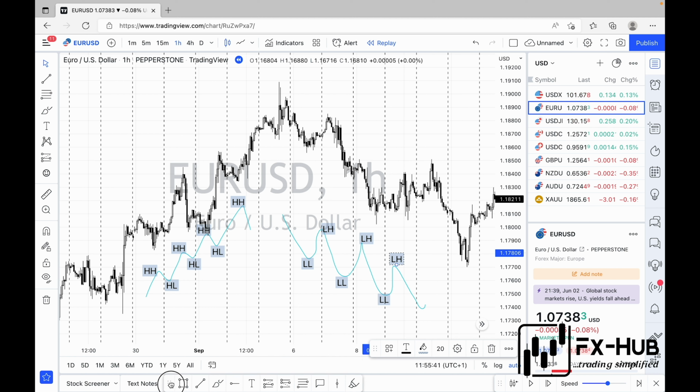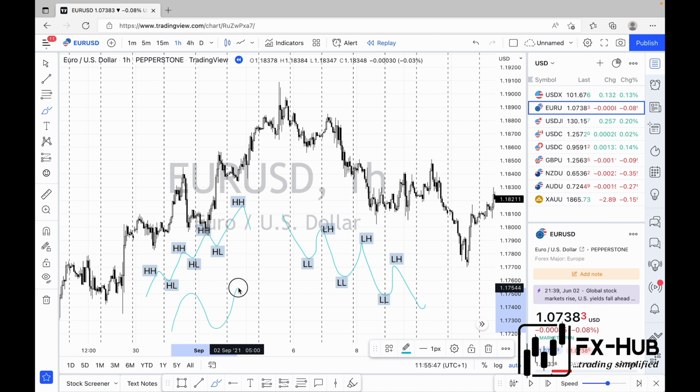But when we say a market is ranging, you will notice something like this. It goes like this: no significant higher high, no significant lower low.